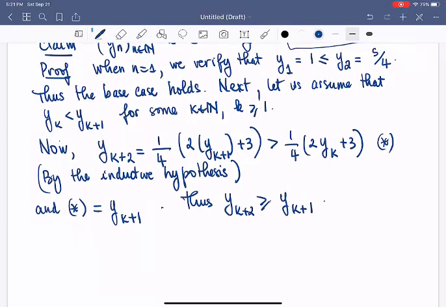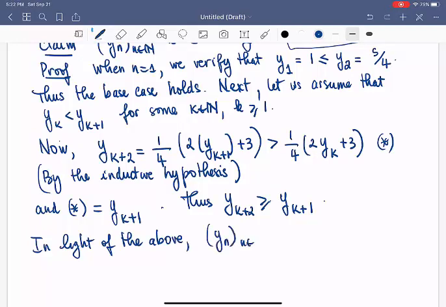And that gives us the desired result. So, in summary, in light of the above, y sub n is bounded and monotone.